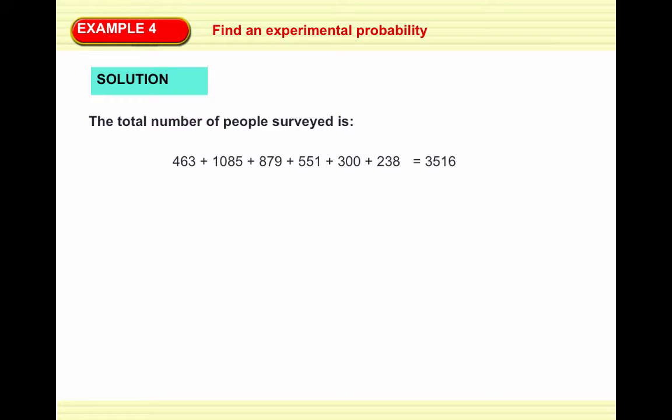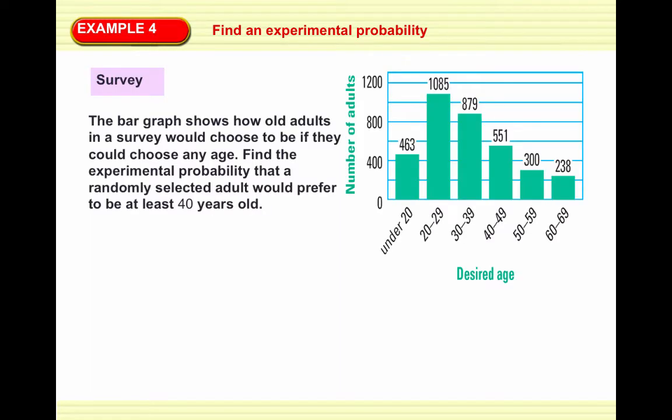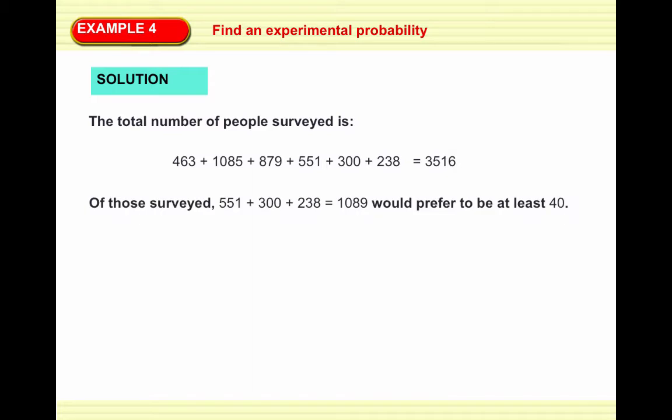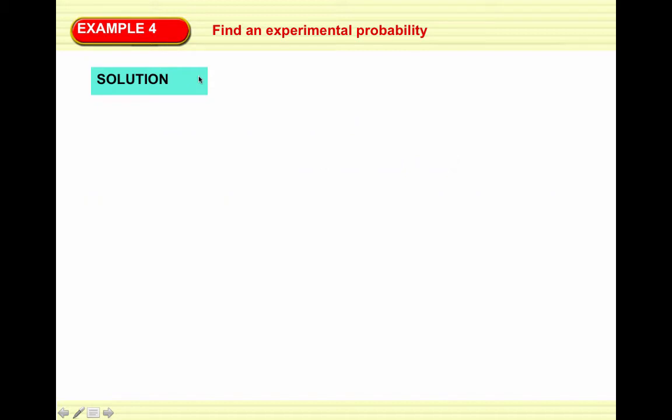We will need the total number of people surveyed, and you can get that by adding up all the group totals, which is what we are doing right there to get that there were 3,516 people surveyed. Of those surveyed, the ones in the last 3 groups, the 40 to 49, 50 to 59, and 60 to 69, we want to add those 3 together.